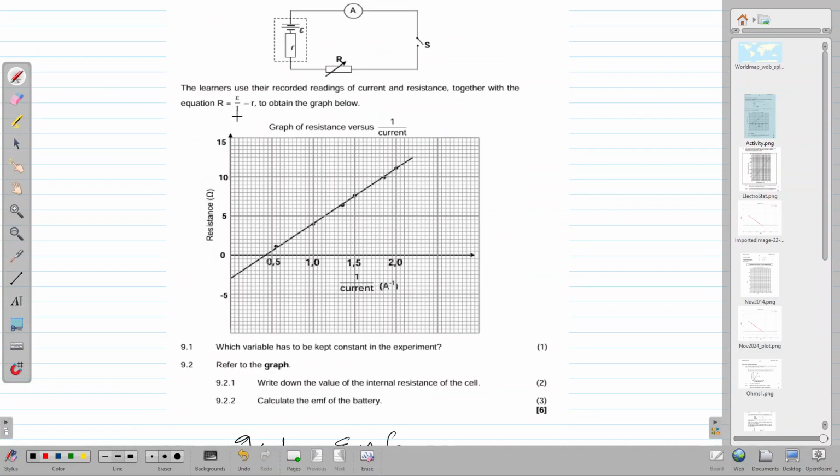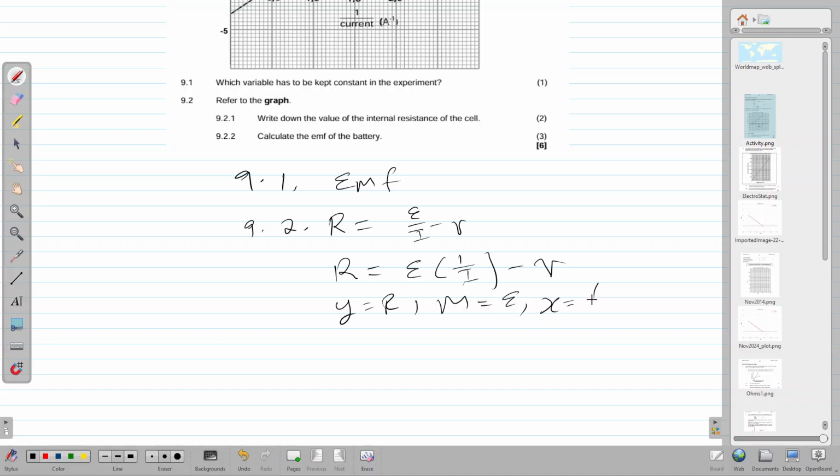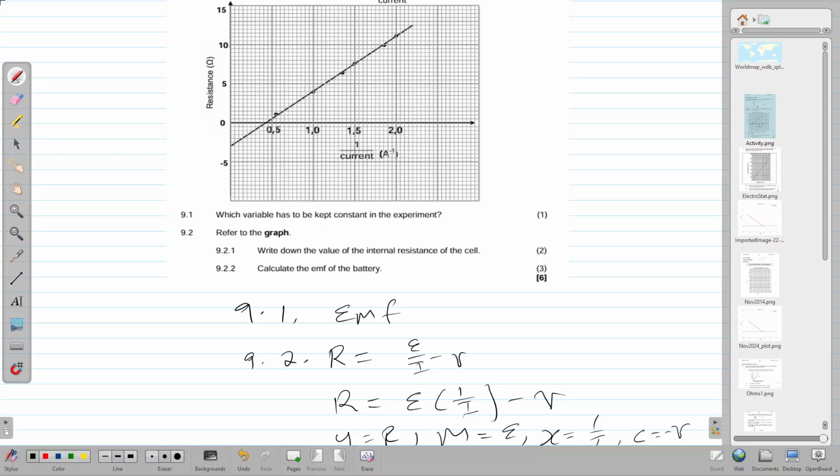In order for us to answer this, we must linearize the equation first. So R is equal to E over I minus r. Then R, which is our y, is E times 1 over I, minus r. So y is equal to R, the gradient is equal to E, x is equal to 1 over I, and c is minus r there. So we need to look at the intercept.